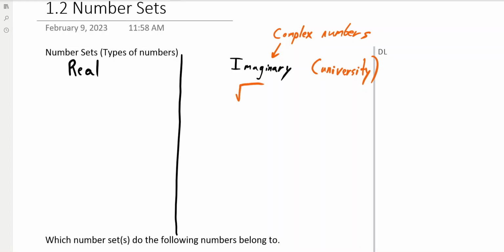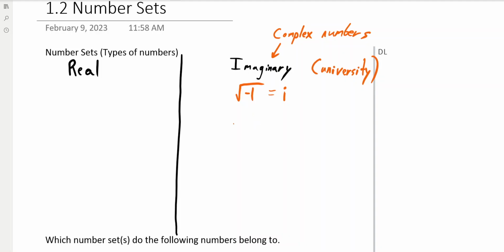Any sort of square root, or more generically I should say, any even numbered root of a negative value. So in this case, this is the most basic imaginary number. Okay, it's i, this is the imaginary number. And then any version of i, so if we said 3i, that would still be imaginary.